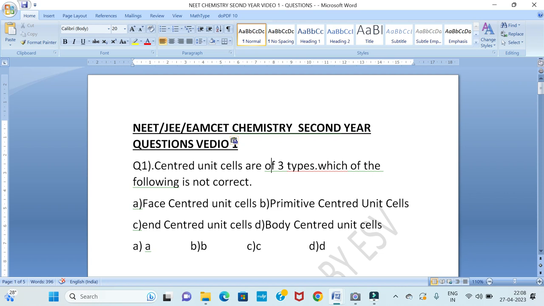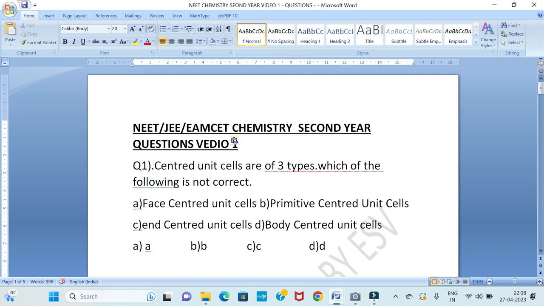What is a unit cell? A small part of the space lattice of a crystal is called a unit cell.